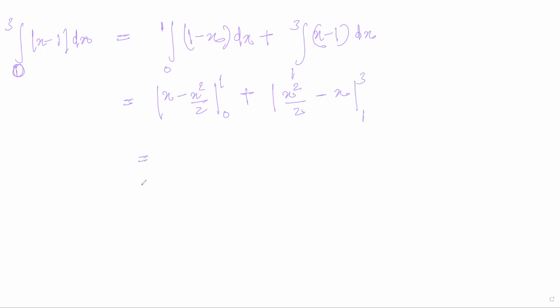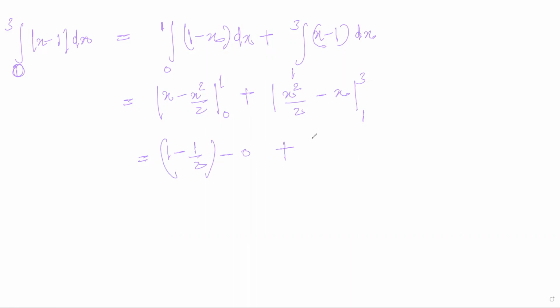So this should be 1 minus 1 by 2. If I put in 1, I get 1 minus 1 by 2. If I put in 0, I get 0. So 1 minus 1 by 2 minus 0 is the first part.